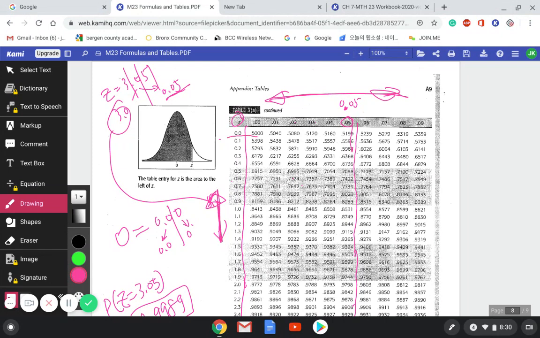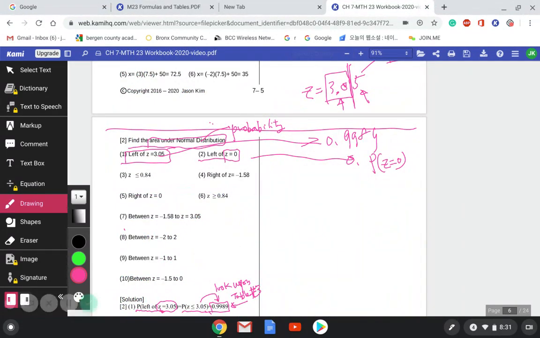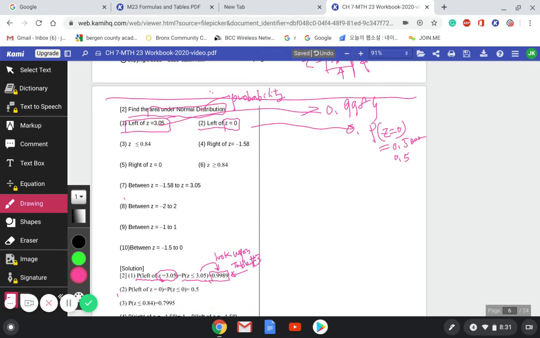So 0.0 with the 0 is 0.5. You could write 0.50, but the following zeros you don't have to write, so 0.5. Okay. So now the left side of when z equals 0, so the probability of z less than or equal to 0 becomes 0.5.